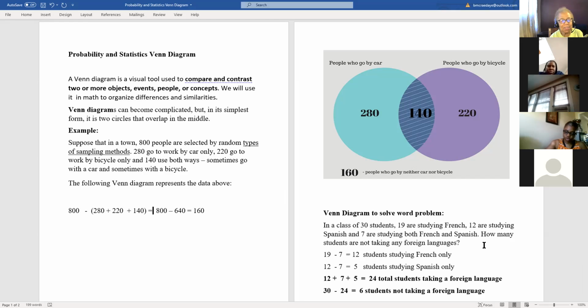Anybody draw a Venn diagram? The total is 30 students, with 19 French, 12 Spanish, and 7 both.